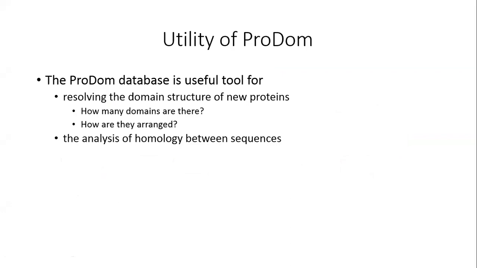Now what is the utility of this program? Why would people try to do such a thing? Why would one want to sort out different domains from multiple sequences, try to align them, document them, or try to make a database out of them? By using this ProDom database, you can resolve the domain structure of new proteins.